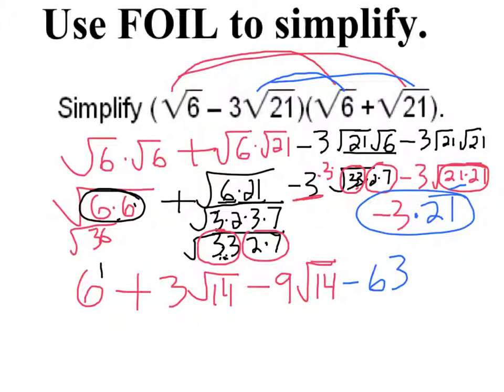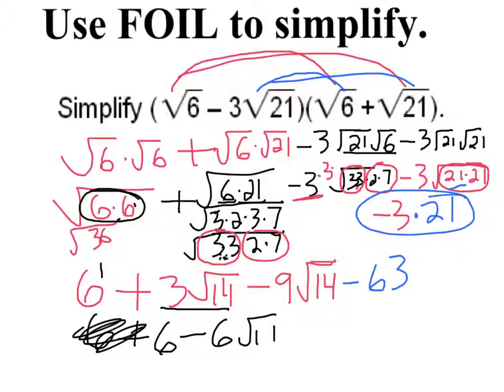My answer will be 6 plus, I can do 3 square root 14 minus 9 square root 14 is going to be, I'm going to start over, 6, and I'll say 3 square root 14 minus 9 square root 14 is negative 6 square root 14, and minus 63.